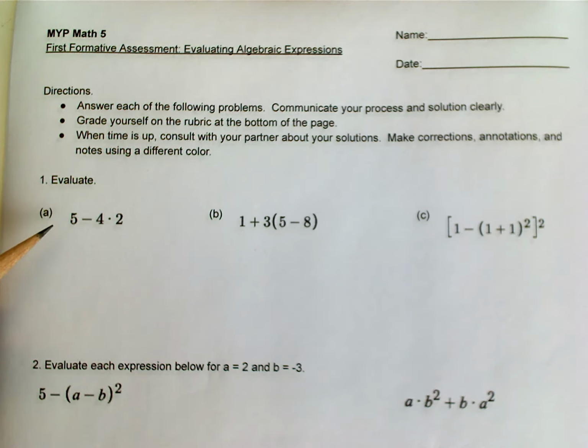The first one, and this is the way I like to think about all order of operations problems: look at the problem and think about how many operations there are. There's a multiplication and a subtraction in this problem. You only have two, so you just have to do them in the correct order, and you recall the order of operations.